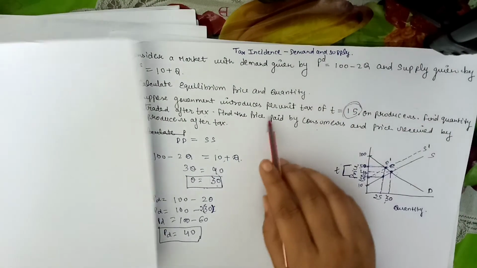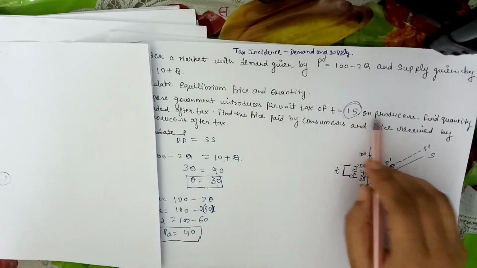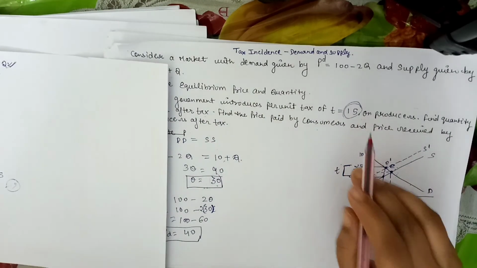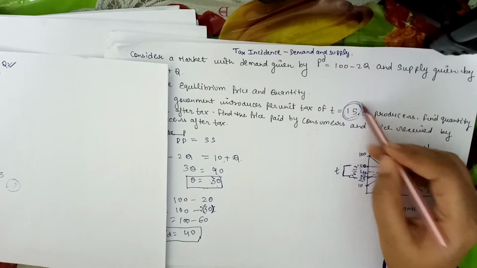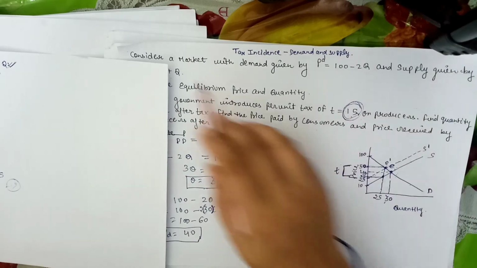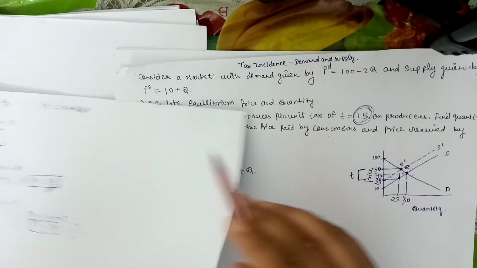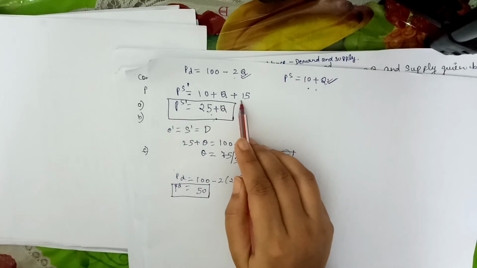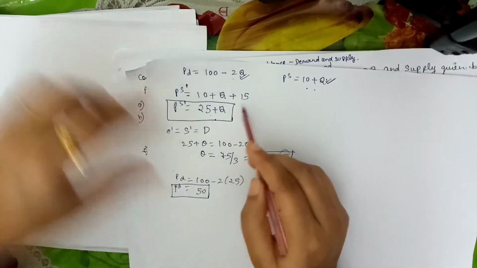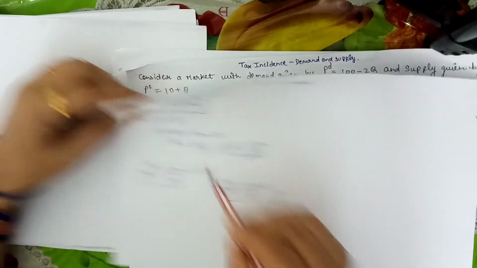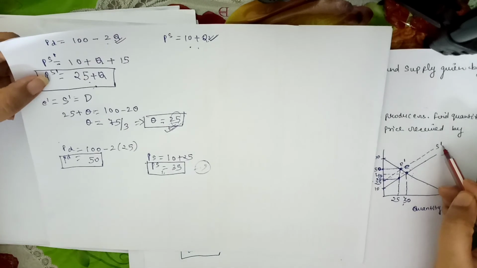Then for the second part, after imposition of tax on the producer, we have to keep in mind that the tax should be added to the supply equation. So we have added this in the supply equation, and we have calculated the new supply equation, which is also given here.